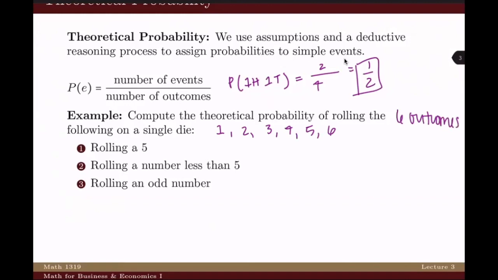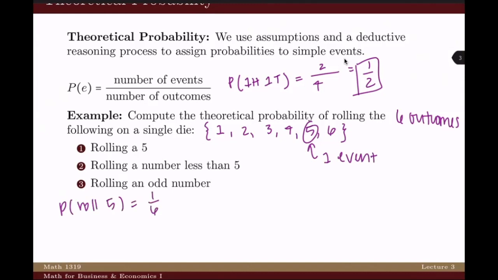But if I specifically want a 5, that only occurs 1 time in this space. So we have 1 event. So the probability of rolling a 5 is equal to 1 out of 6.